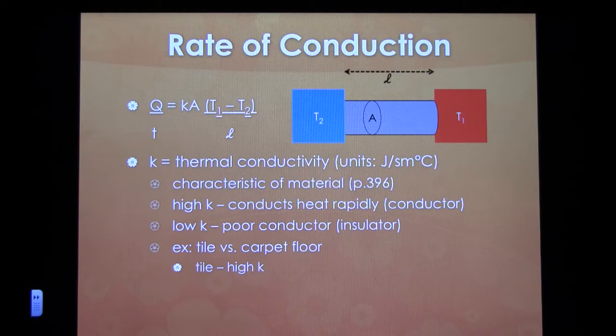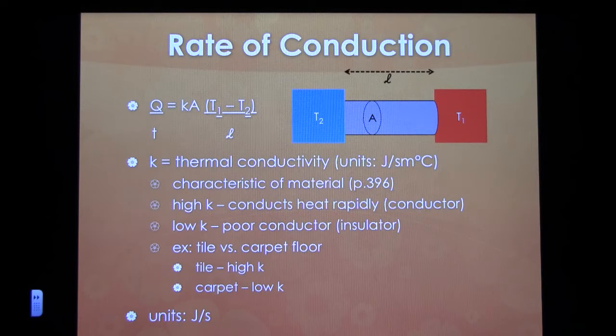However, stepping on carpet that's at the same temperature feels warmer. Heat is still being pulled from your foot to the carpet because most likely your foot is at a higher temperature than the floor, but it doesn't happen as rapidly, so it feels warmer. So the K value largely determines the rate or how quickly heat transfer takes place.